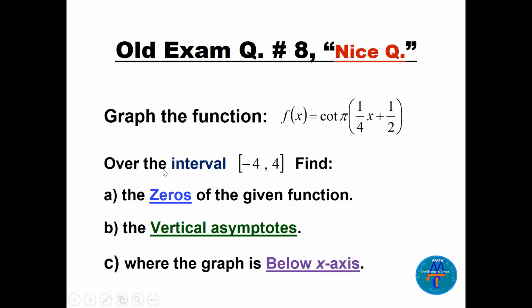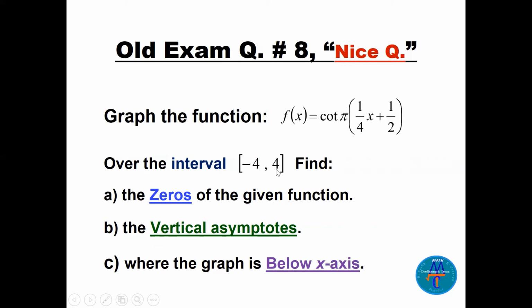Now, over the interval minus 4 to 4, let's find the zeros of the given function, the x-intercepts. Find the vertical asymptotes between minus 4 and 4, and then answer where the graph is below the x-axis between minus 4 and 4. So all these 3 parts are between minus 4 and 4.